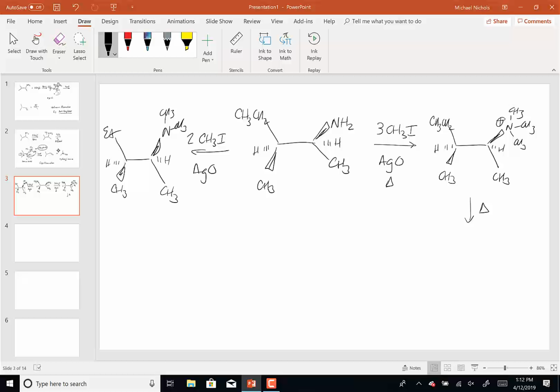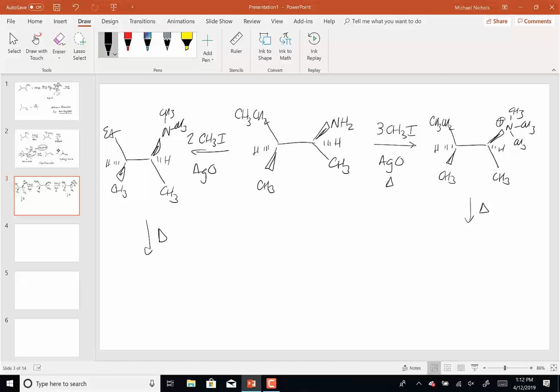And I'm going to write Et for the ethyl group. And then I'm going to apply heat to that. Now this methyl iodide, silver oxide is how the book writes it, and it's traditional.